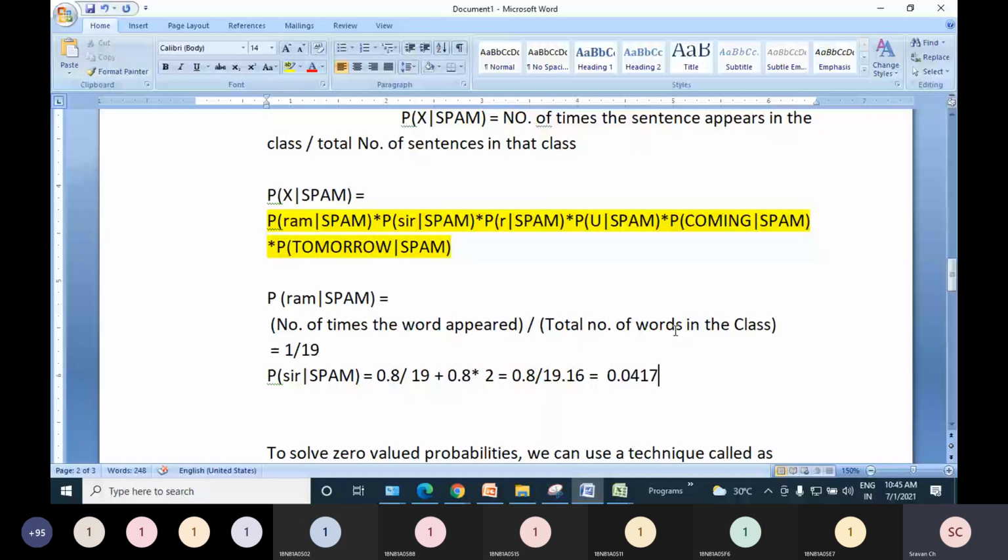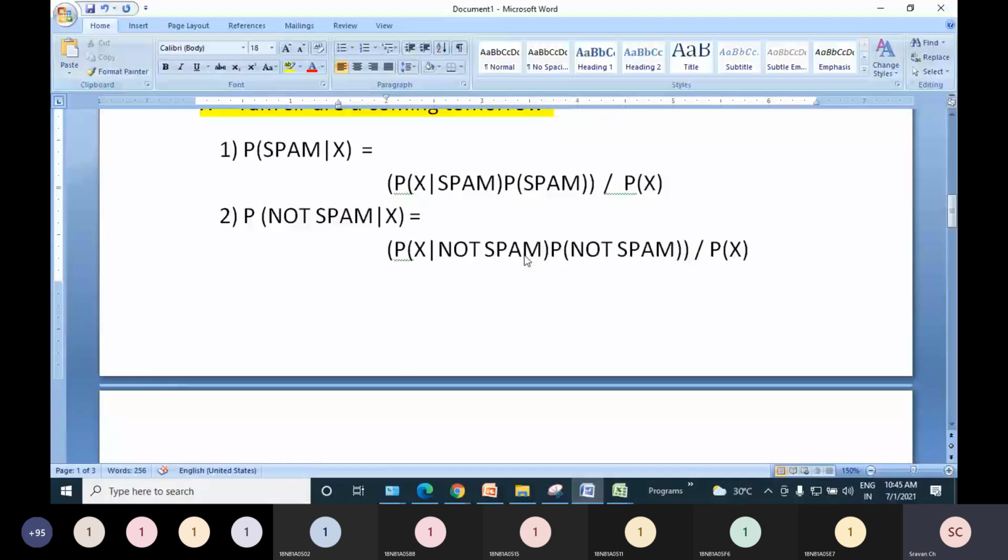In this example, for the first one, it is 1 by 19. See here, Ram by spam is 1 by 19, into Sir by spam, which is not there, so I applied smoothing and got 0.04, into R by spam, which is also not there, so I got 0.04 because of smoothing. U by spam occurred only once, so it will be 1 by 19, into coming by spam. Is the word coming there? Go to the data set, last 3 records.